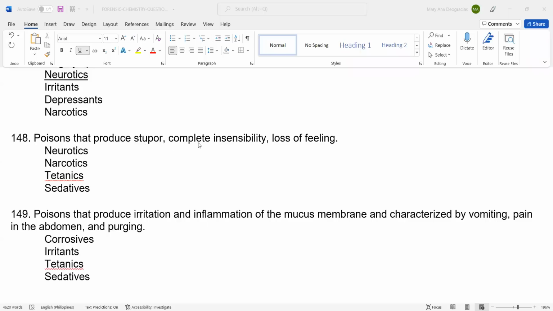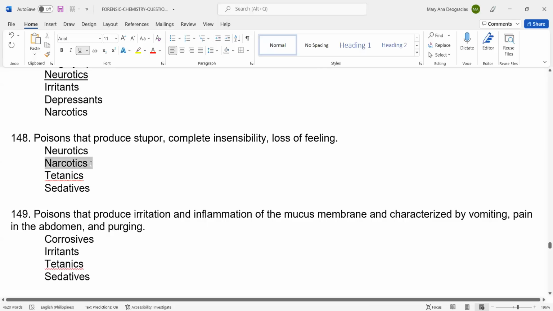Produce stupor, complete insensibility. What do you mean by complete insensibility? Nawawala sa sarili. Loss of feeling, walang pakiramdam. Sino nababaliw pagka na-take yan? Narcotics, syempre. Hindi sedatives, pampakalma eh. Okay, intindihin niyo yung mga tanong.